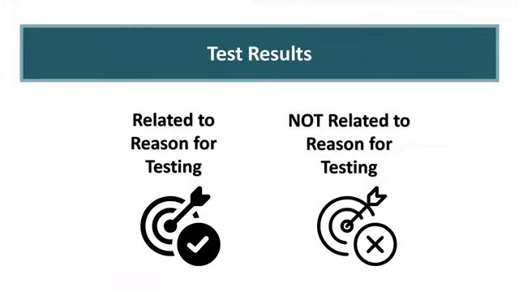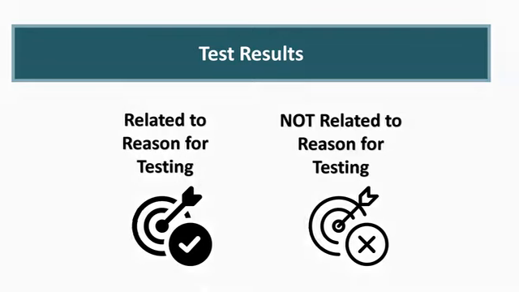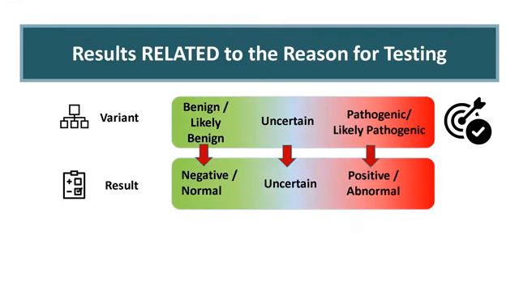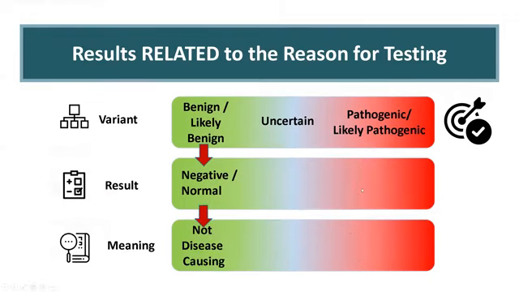Genetic test reports are different from other test reports you may have had, in that, in addition to containing results that are related to the reason for testing, the test report may contain results that are unrelated to the reason for testing. The 3 possible results related to the reason for testing are negative, also called normal, positive, also called abnormal, and uncertain.